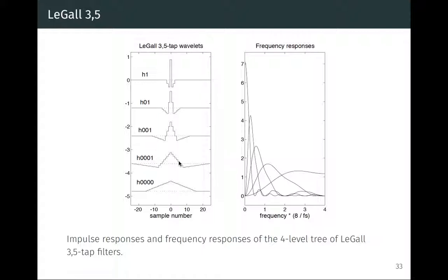You can see that the shape really is more or less the same, it just gets stretched somehow. This is also called the scaling function. If you only have all the high pass versions, and you have the low pass, and the low pass has a special name as well.